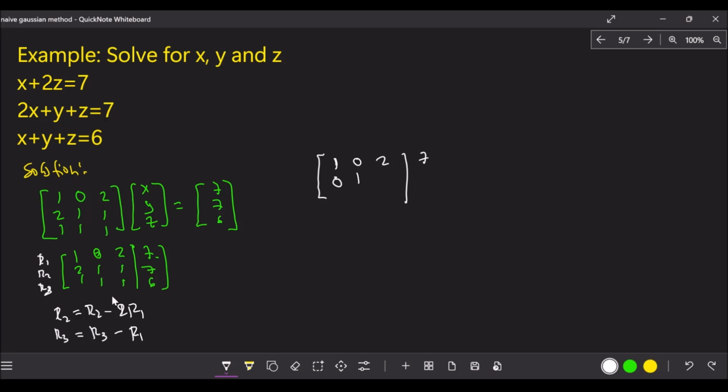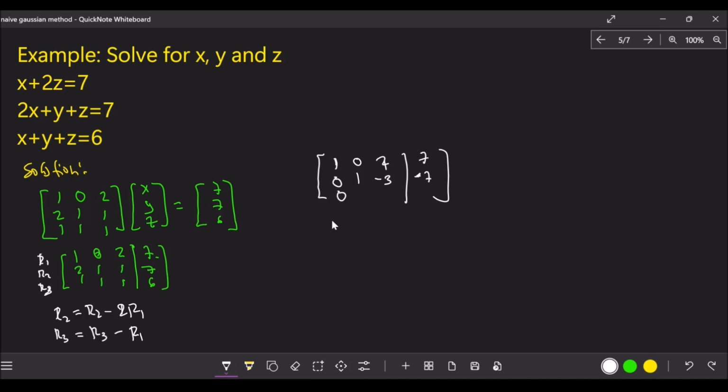Then we have 1 minus 2 times 4. So 1 minus 4. So this will be equal to negative 3. And we have 7 minus 14. So 7 minus 14 will be equal to negative 7. Okay. For row 3, so we have automatic, no? 1 minus 1 is 0.